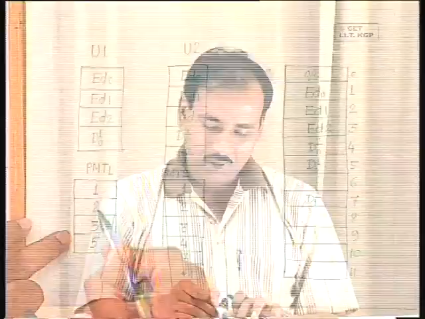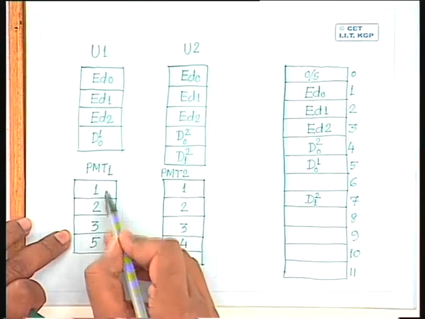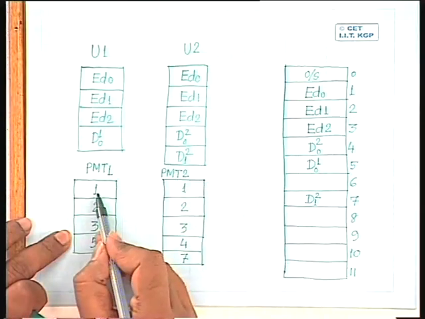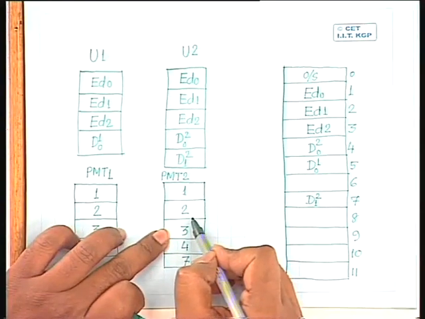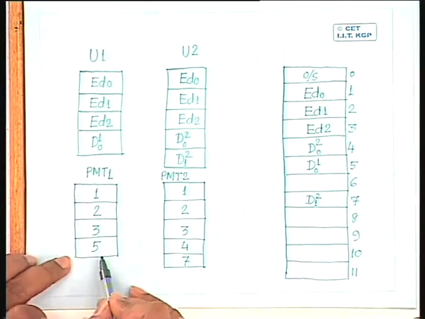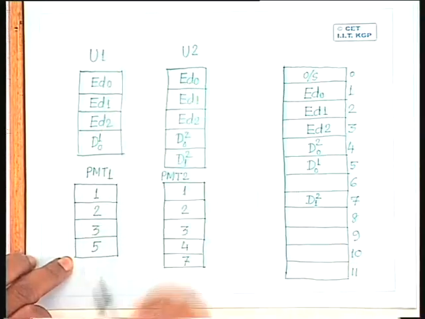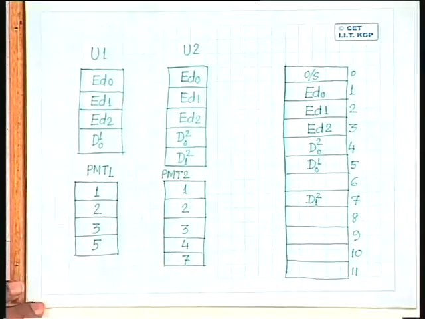If the page number is 0, 1 or 2, then whichever physical address user program 1 accesses, the same physical address will also be accessed by user program 2. Okay. The moment it corresponds to data, the physical address accessed by user program 1 will be different from the physical address accessed by user program 2.